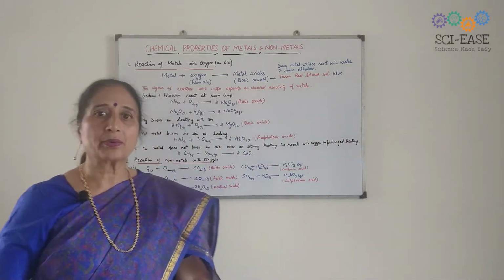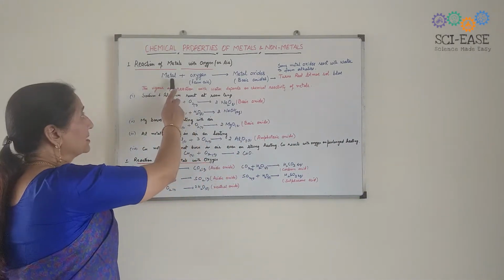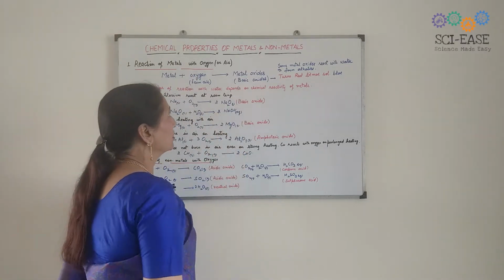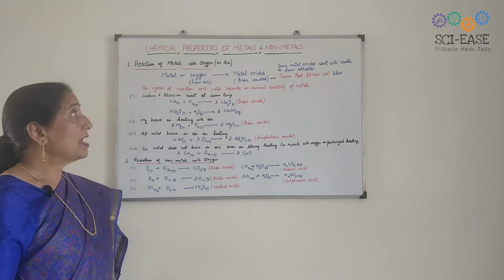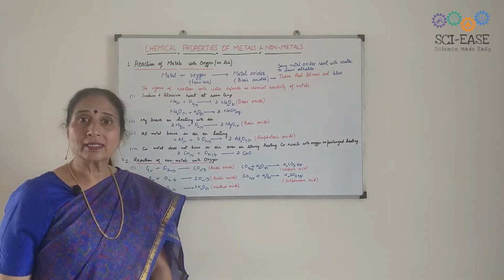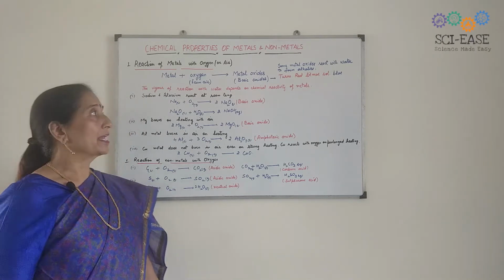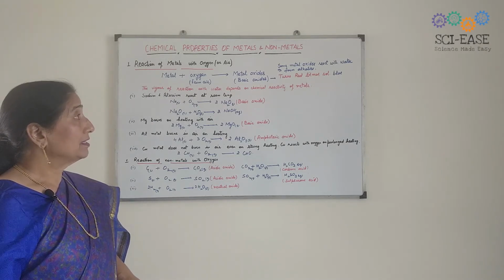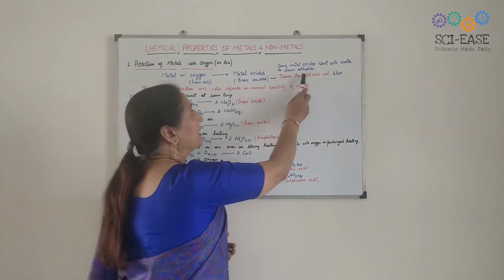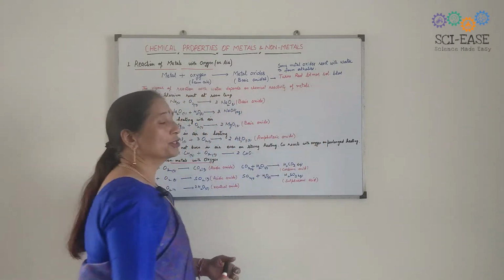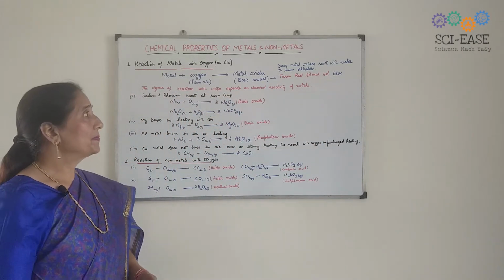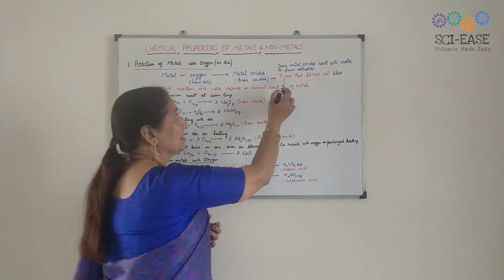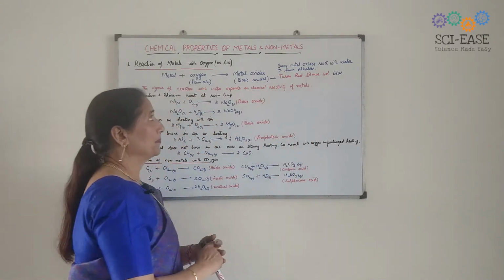This is a general equation: metal plus oxygen from the air results in the formation of metal oxides, and these metal oxides are basic in nature. That is, they turn red litmus solution blue. Basic, so the confirmatory test is that they turn red litmus blue.